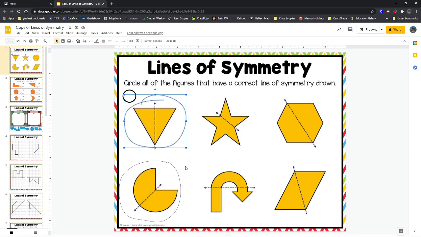There's still more. Who can find another one for me? Alexa? The third one. This one here. Let me grab my scribble tool again. Circle it.